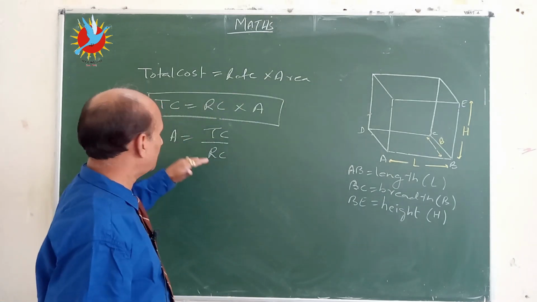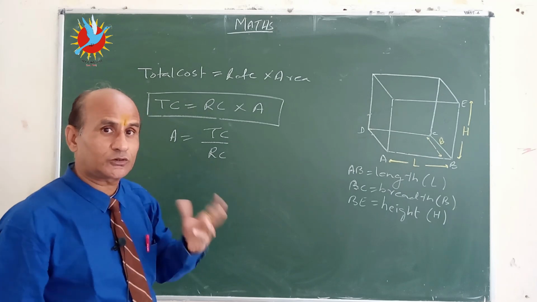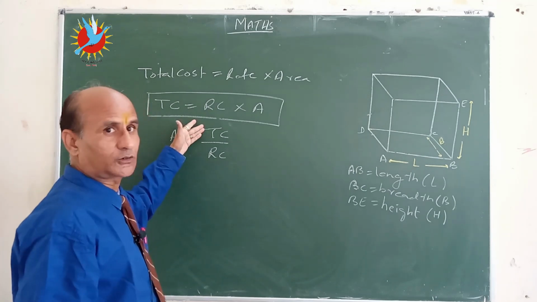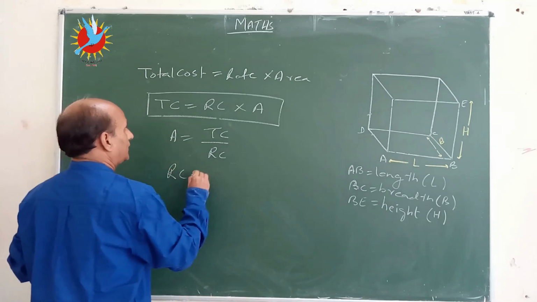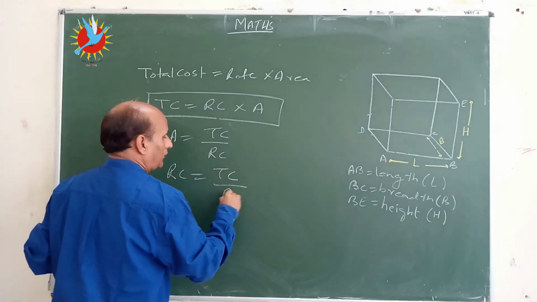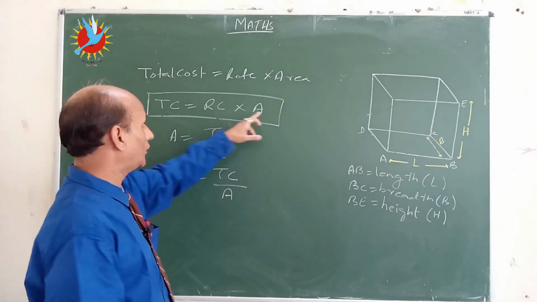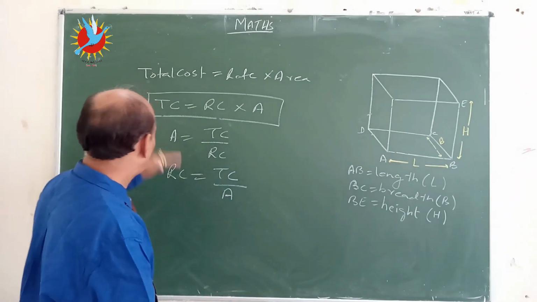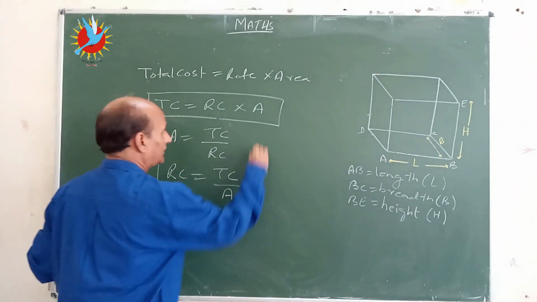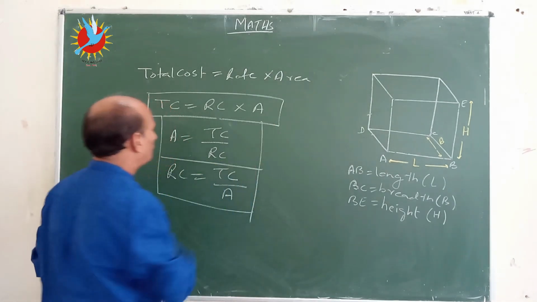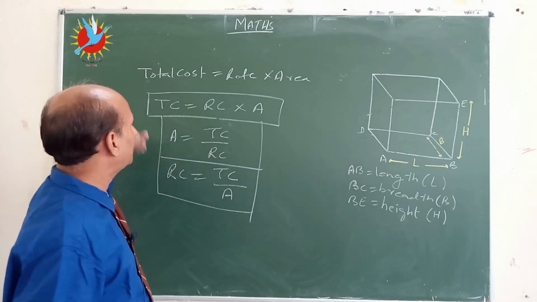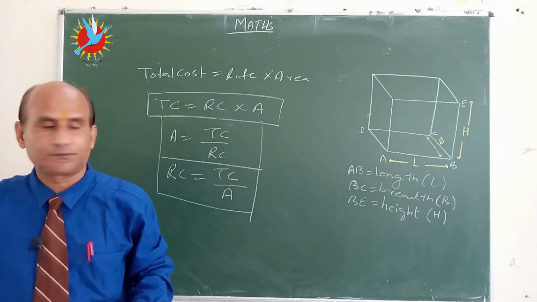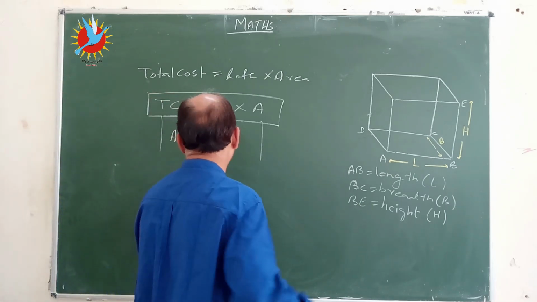Similarly, rate of cost is also obtained when we divide total cost by area. So you have got another two formulas, how to find the area and how to find the rate of cost. In this way you can calculate the total cost of the whitewashing.